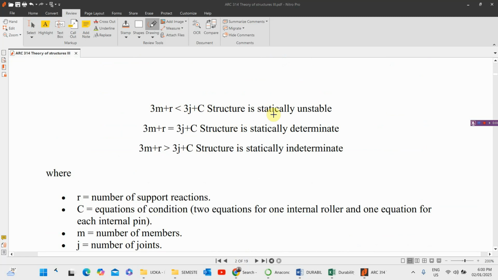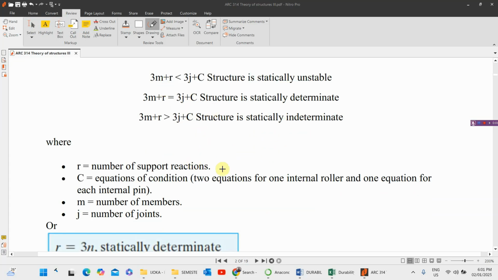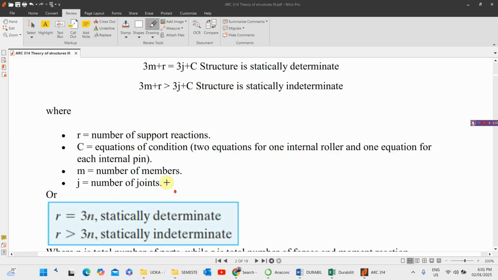But when it is equal to 3j plus c, as we have in this second state, that means it is statically determinate. And when it is greater than this, it is indeterminate, where r is the number of support reactions, c is the equation condition, m is the number of members, and j is the number of joints.